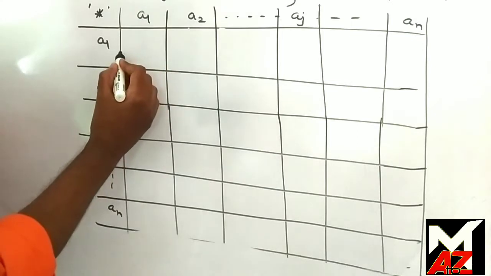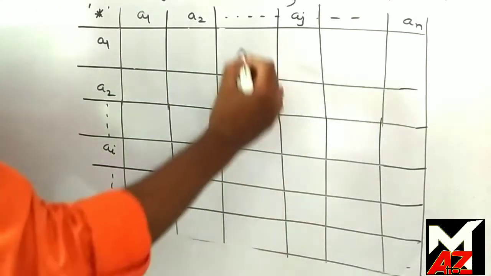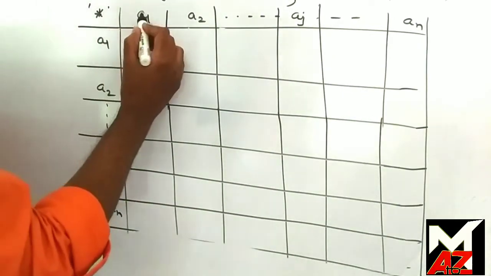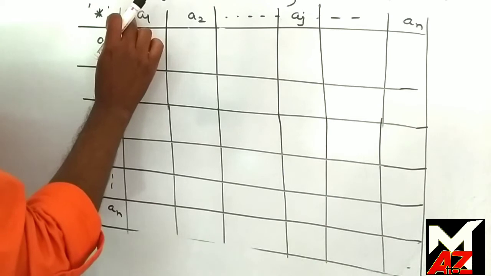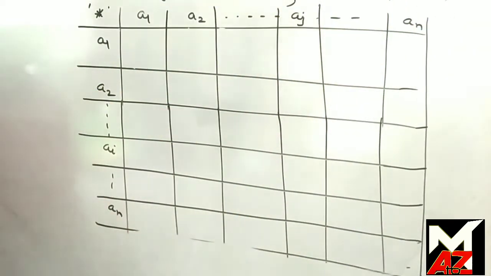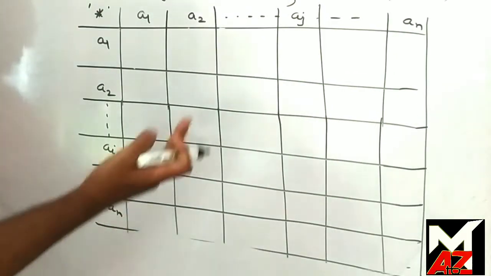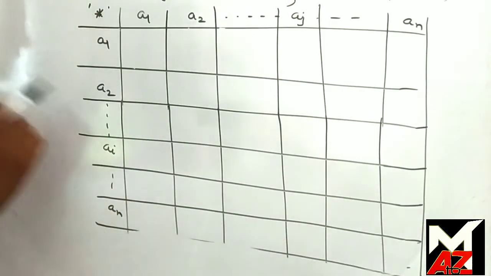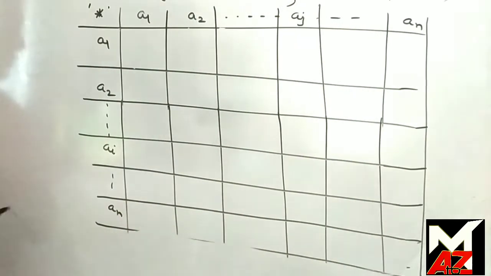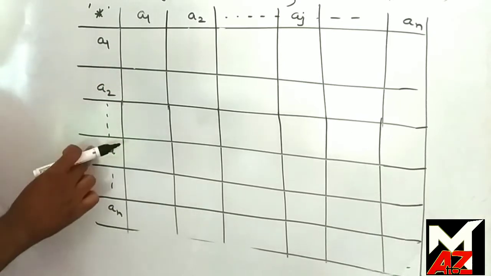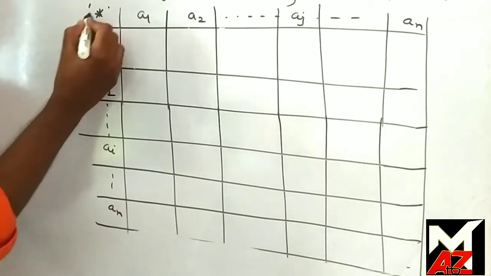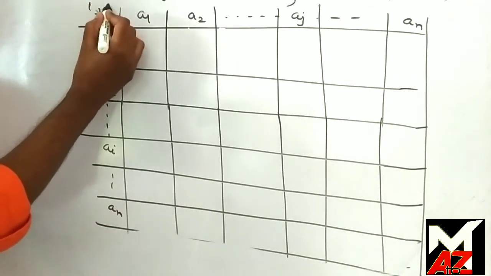Here there are n rows and n columns, and the topmost row contains the elements A1, A2 to AJ to AN, and the left column contains the elements also: A1, A2 to AI to AN. And the northwest cell of the table contains the binary composition star.